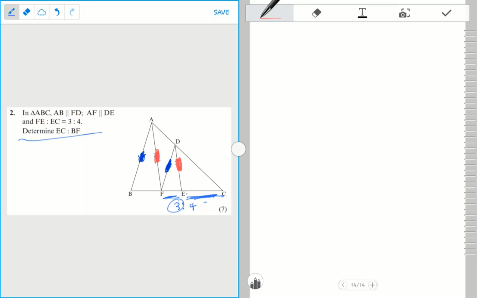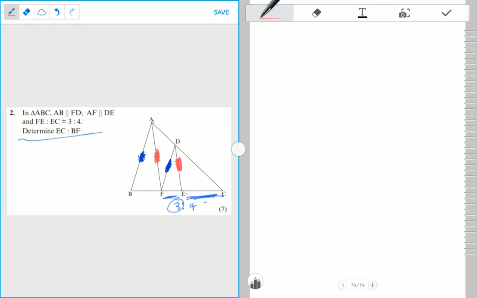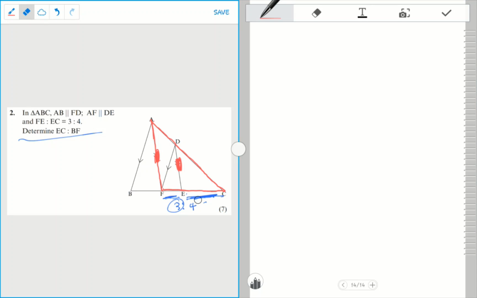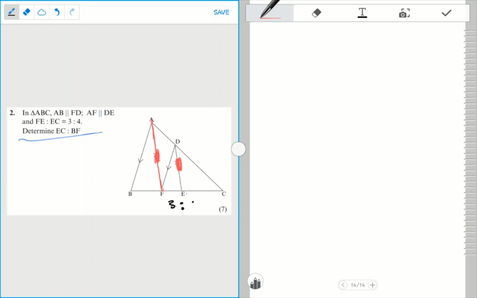Mind you, now we have two triangles. We can take this triangle, we are going to first focus on it. Let me just crash these blue ones so that you can all see. Let me just write here. It was 3 and 4. Let me write in a blue pen, which is 3 is to 4.